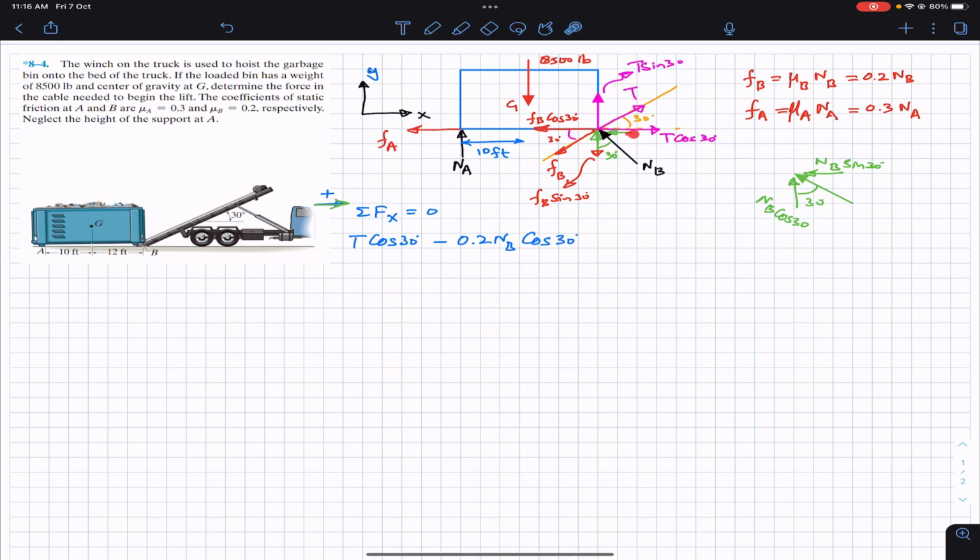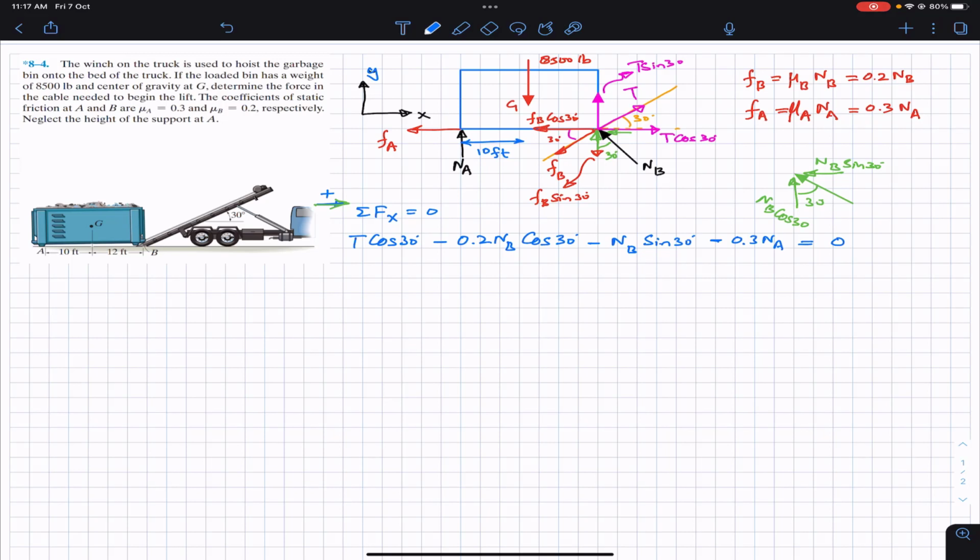Similarly, we have this NB sine of 30 component in the negative x, so I will write minus NB sine of 30. Similarly, we have this FA component acting in the negative x, and FA is 0.3 times NA, so minus 0.3 times NA, and this is equal to 0.